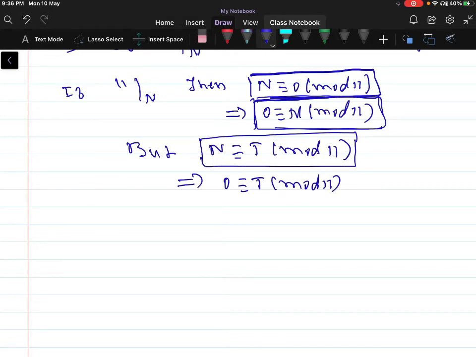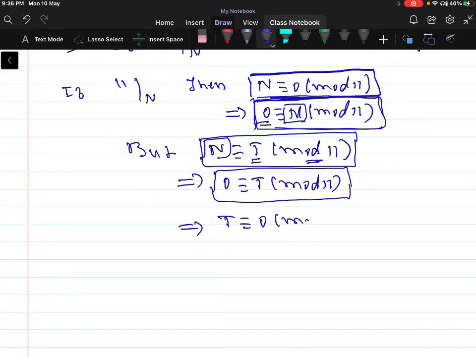So by using transitivity of the congruences, we can write 0 is congruent to t modulo 11, because n is common. So this implies t is congruent to 0 modulo 11, since congruence is symmetric.